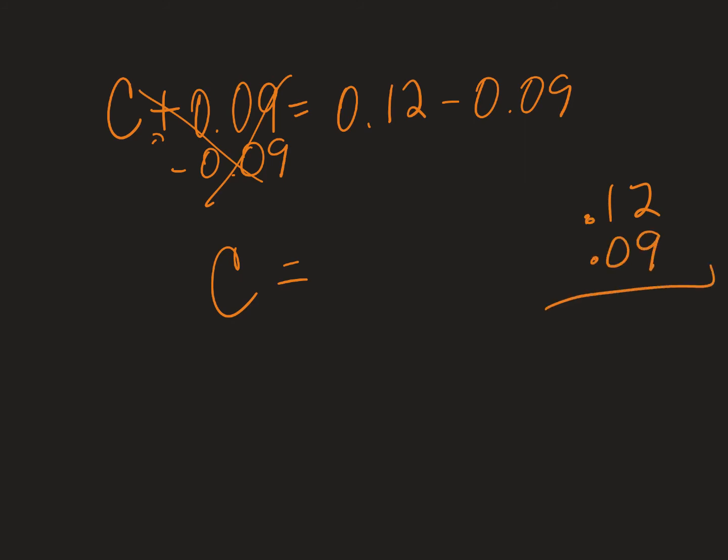You could set it up like this, and you know you're going to subtract, and you're going to borrow here, and get 3. So your answer is going to be 0.03, just like normal arithmetic, but using it in an equation with decimals.